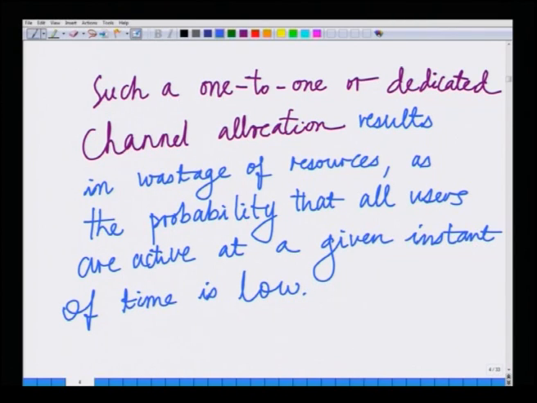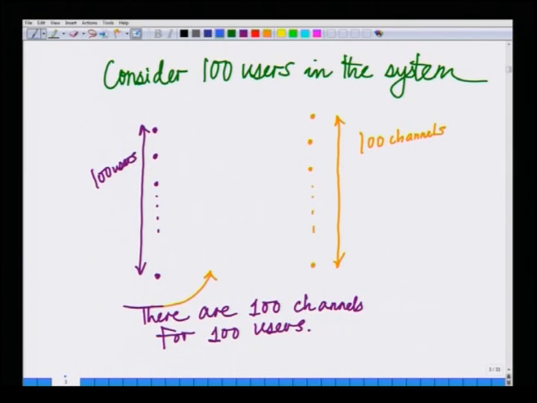Hence, if we have this one-to-one allocation, with one channel for each user, any user who wants to place a call can place it immediately.